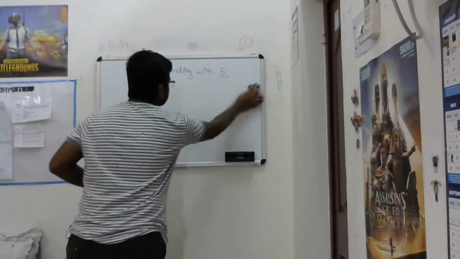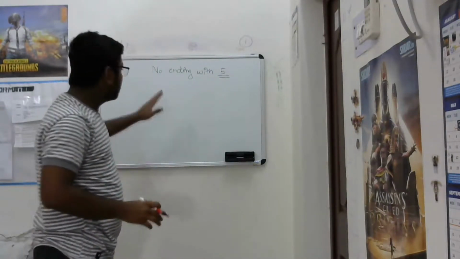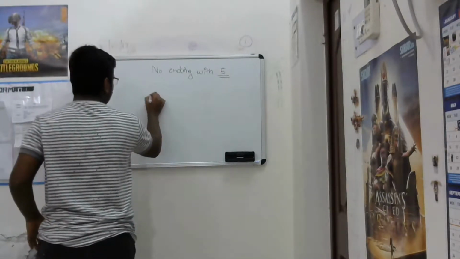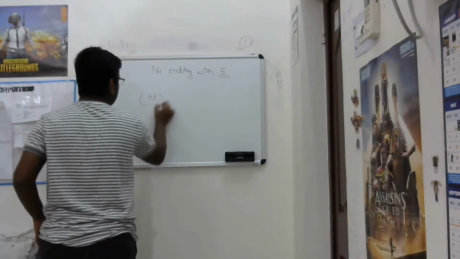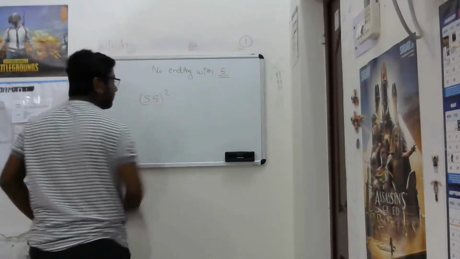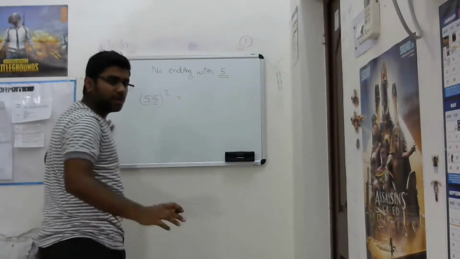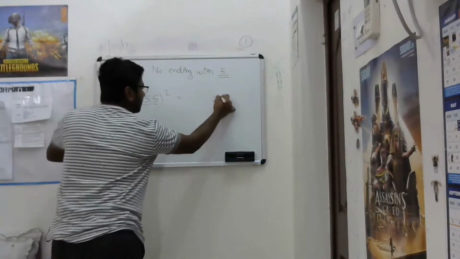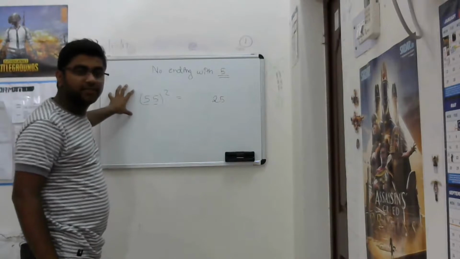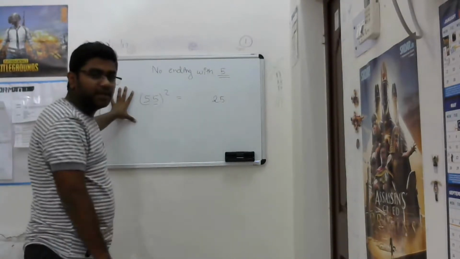Whenever you are squaring a number ending with 5, look at the numbers other than 5. Let's see, we have to square 55. You can do this with me. Separate this 5 and write 25 in the end, because you know that a number ending with 5 when squared will end with 25. So write 25 in the end, that's so sure.